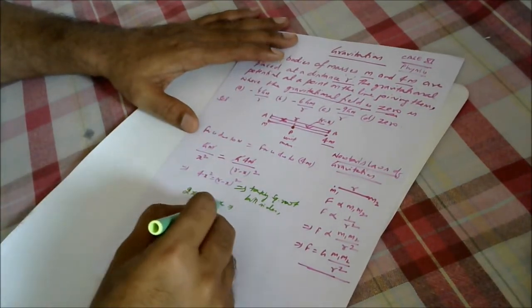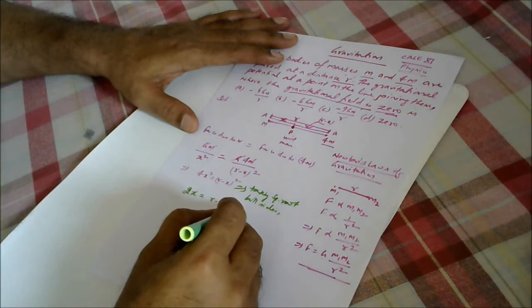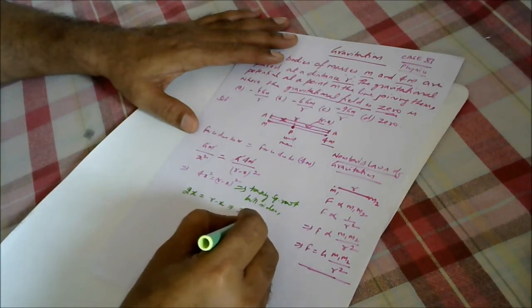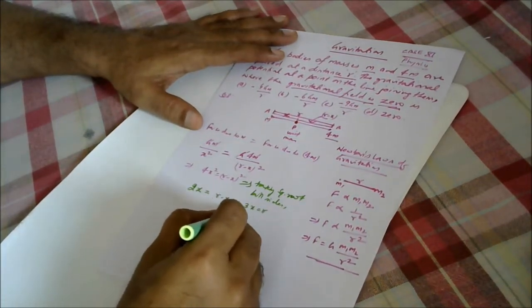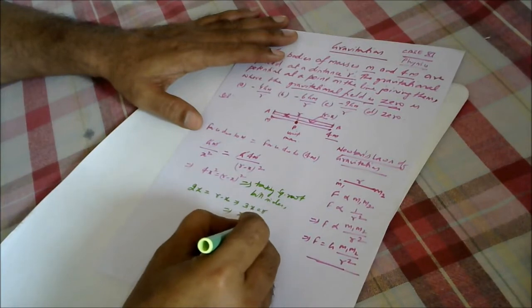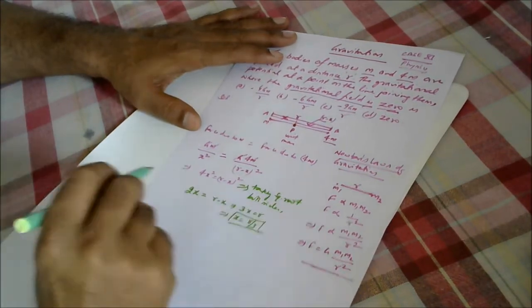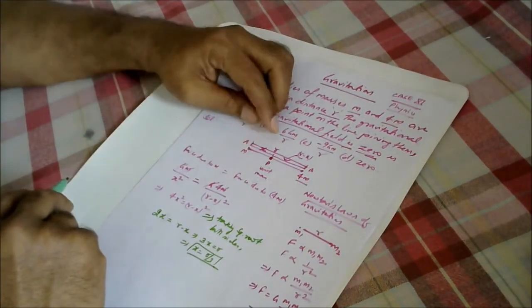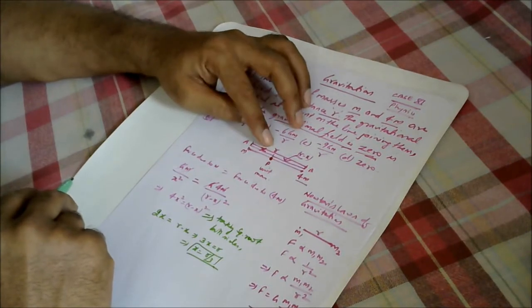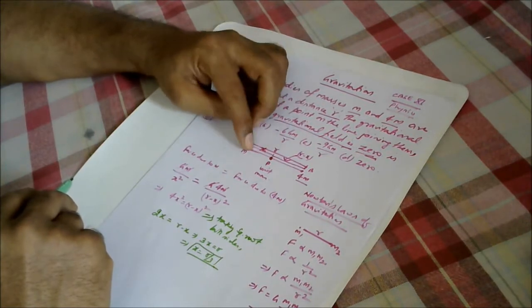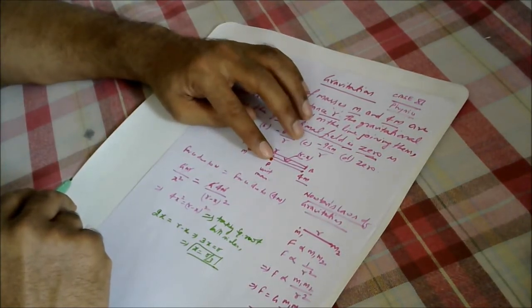Then this x will come to this side, so it becomes 3x equals r, and further x equals r by 3. So we have got the distance in relation to r, and at the r by 3 position we can say that the gravitational field is 0.